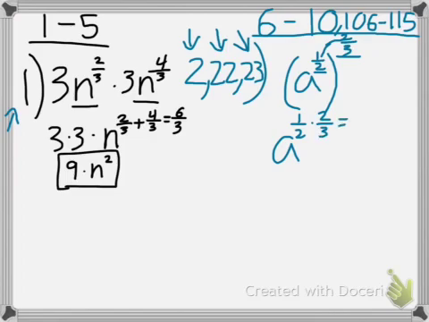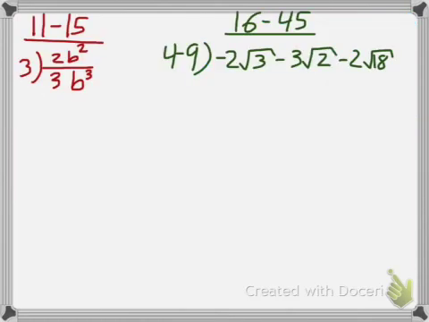And again, if you're not good with fractions, then just use your calculator, because yeah, we don't have time to cover fractions this year. So you multiply the tops together, multiply the bottoms together. That gives us 2/6, which is reduced to 1/3. So this reduces down to a to the 1/3. Great. Moving on to the next one.